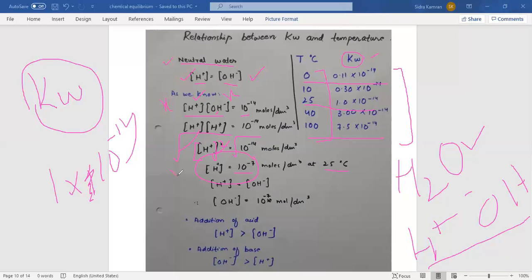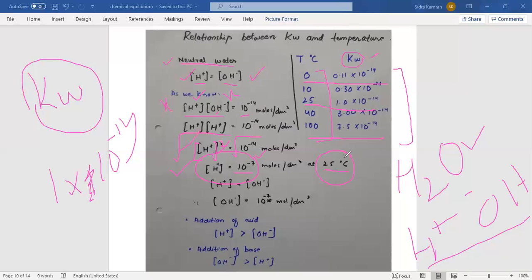In that solution, the concentration of H+ ions remains the same, that is 10^-7. But remember, this concentration is the same when the temperature is 25 degrees Celsius. If you change the temperature, then the concentrations of H+ ion and OH- ion will also increase.